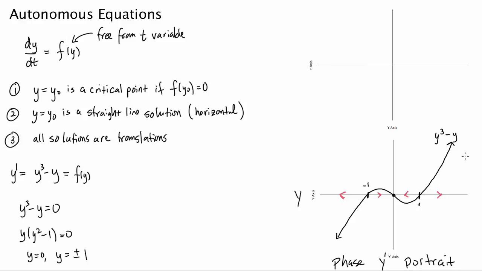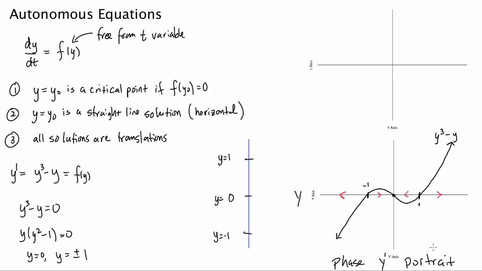Now, because of that, that allows me to draw something called the phase line. You want to be aware that the phase line for an autonomous equation consists of basically reproducing this horizontal axis on a vertical line. For example, my critical points are y equal to 0, y equal to 1, and y equal to -1.